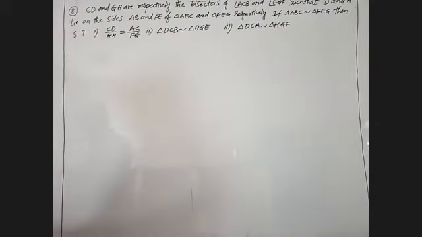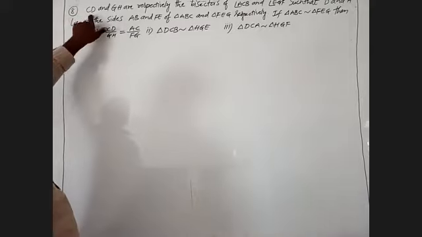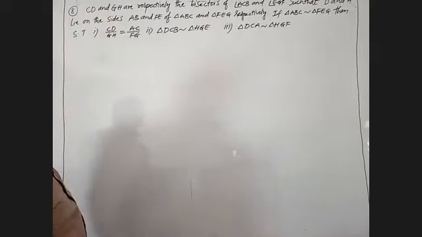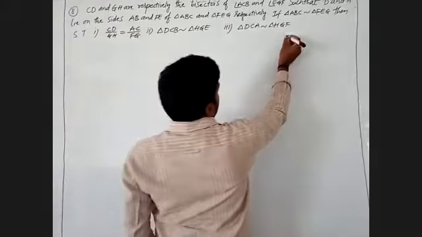First, I will draw a figure. What is given? CD and GH are respectively the bisectors of angle ACB and angle EGF. That I will write.